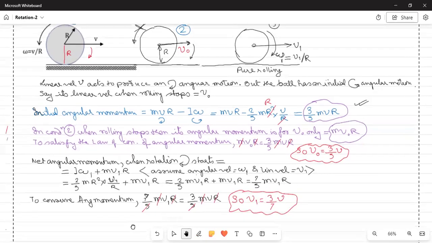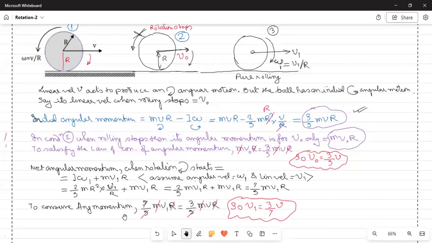Now look at the problem once again. It started with forward velocity v. Somebody has given it a velocity, like a spin bowler. When you give a ball, the ball has a forward velocity, and it may also have a reverse spin.